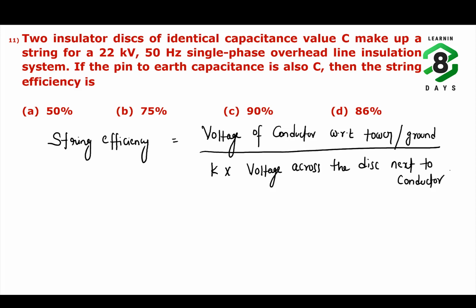Understand? So this is the formula for string efficiency. It is the ratio of voltage of the conductor with respect to tower or ground, that is phase to neutral voltage of the conductor, divided by K into voltage across the disk that is present next to the conductor. Where what is the K value? K is the number of disks in the insulator string.